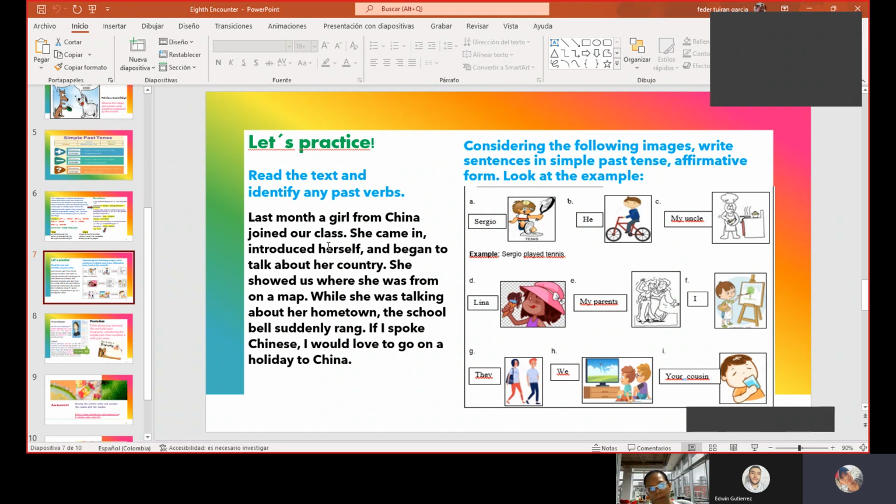Yes, this is a regular verb, play. This is an affirmative form, positive. Using the regular verb play, it is okay. How do you say this sentence in negative form?